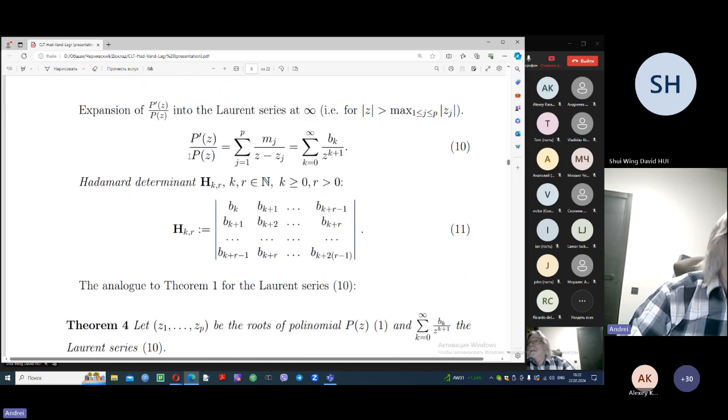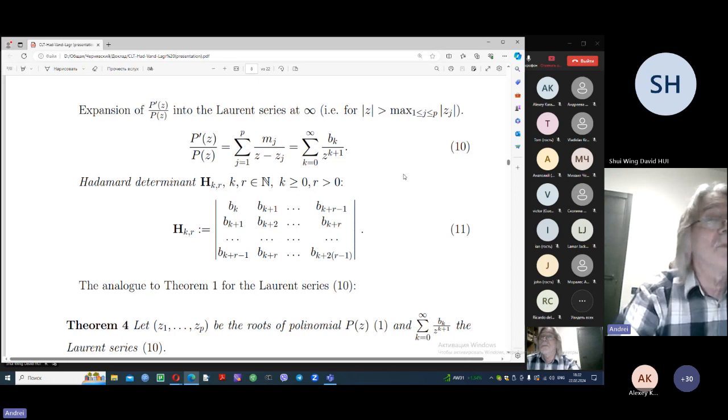So again, let us consider a given polynomial and the corresponding Lagrange series at infinity. That means that for the series we consider the modulus of z greater than the maximum of the moduli.